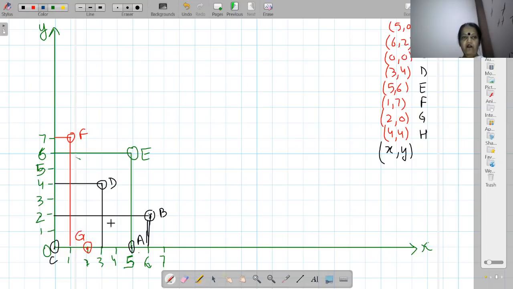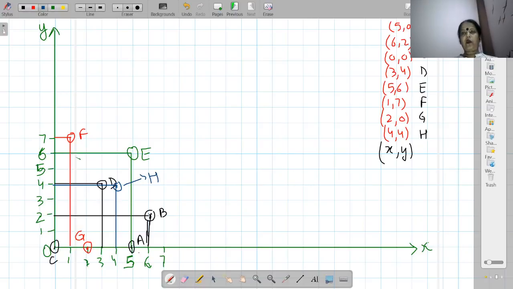So x value is 4 and y value is also 4. Again you will draw it, and this point will be 4 and 4. Circle it and name this point as H.